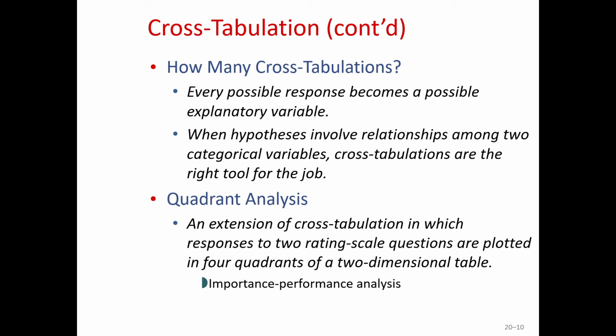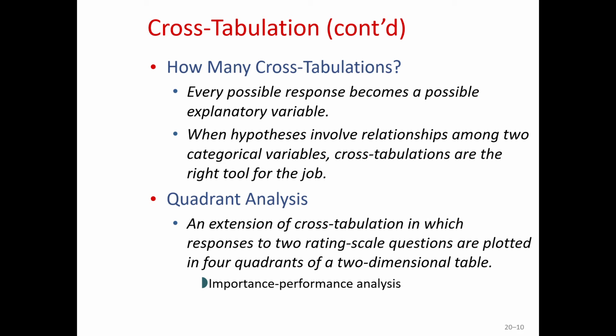Quadrant analysis is a variation of cross-tabulation in which responses to two rating scale questions are plotted in four quadrants of a two-dimensional table. The common quadrant analysis in business research plots the relationship between average responses about the importance of product attributes and the average rating of a company's or brand's performance on that product feature.